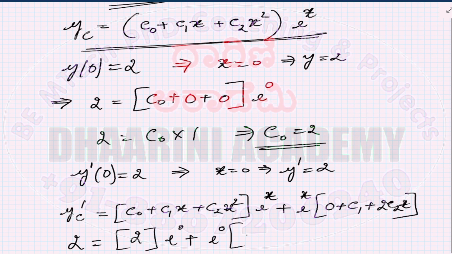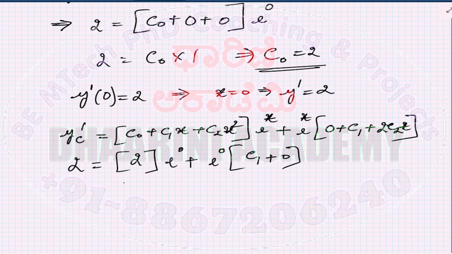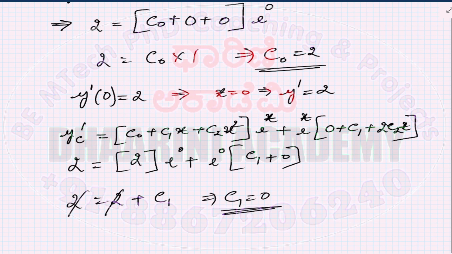So plus 0, I just have c1 plus 0. Now you can simply substitute. 2 is equal to 2 plus e to the 0 is 1, so this is equal to c1. So 2 cancels, 0 on the other side. This implies c1 becomes equal to 0.